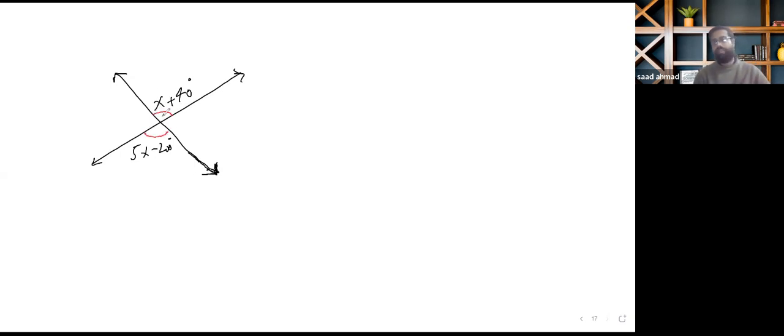If you see, the two lines are crossing, so these are vertical angles.